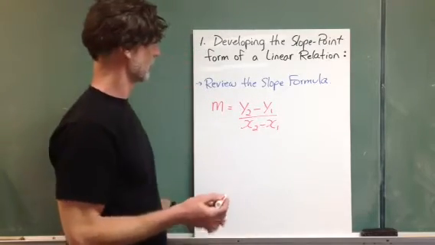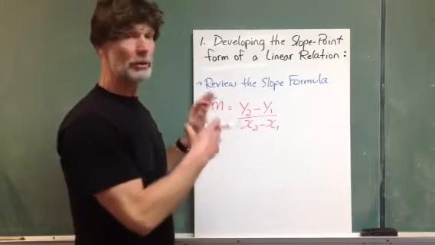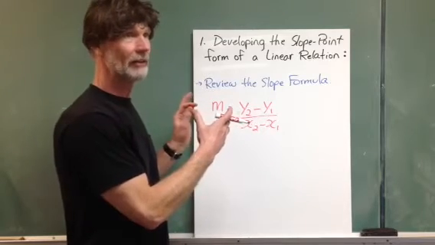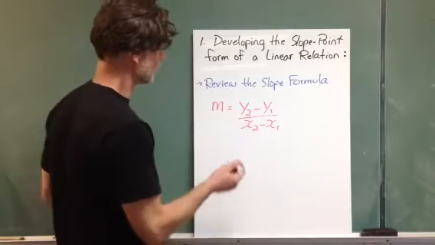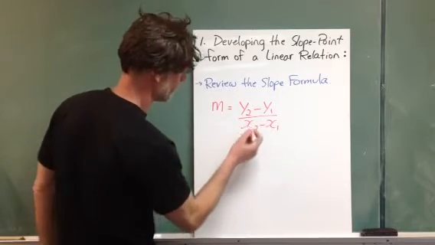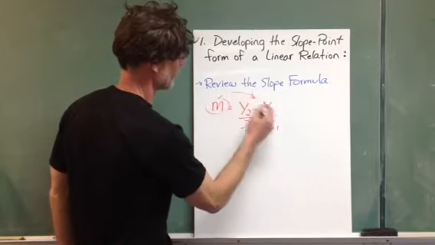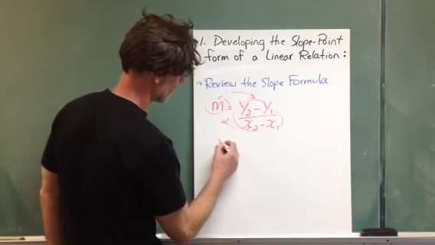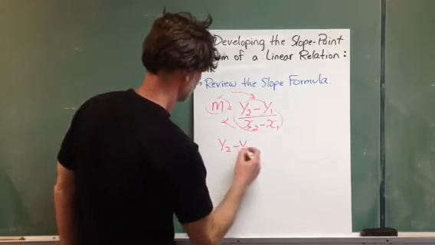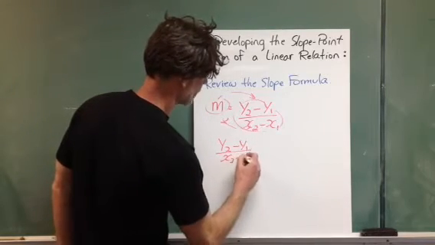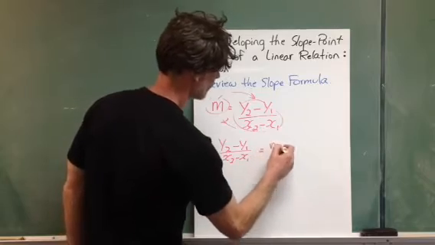And what I'm going to do is I'm going to rewrite that so that we can easily input other coordinates of other points. So I'm going to rewrite this a little bit and put this over here and this over here. So it's going to look like this. y2 minus y1 over x2 minus x1 equals m.